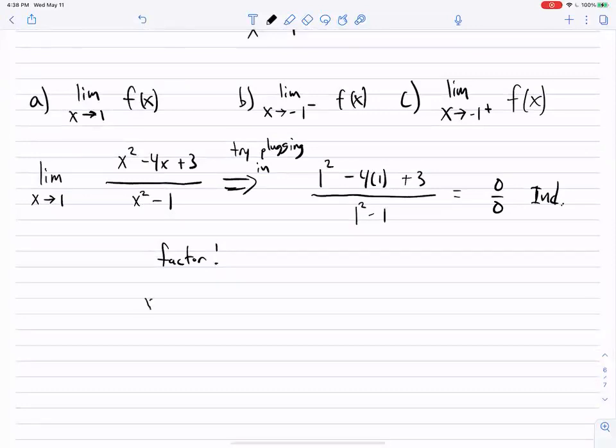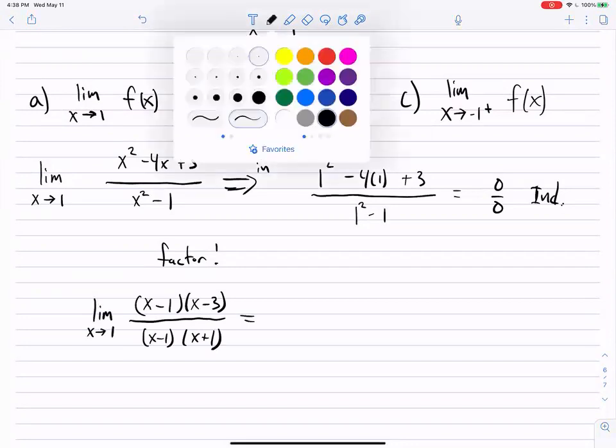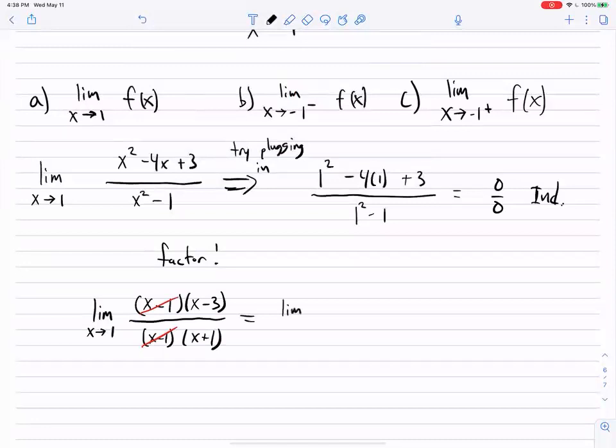So we get x minus 1 times x minus 3 all over x minus 1 times x plus 1. And so it's the limit as x approaches 1 of that guy. But then we can cancel some stuff out here. And what do we get? We get the limit as x approaches 1 of x minus 3 over x plus 1.